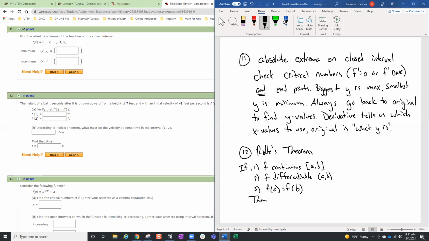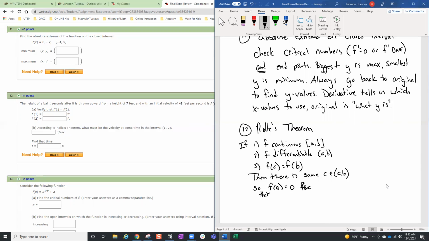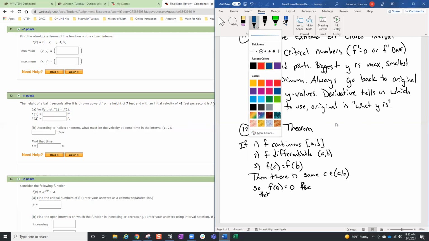So we check those three things. Then what happens is there is some C so that f of C is equal to 0, C in the interval. There we go. Then there is some C in the interval from A to B so that f of C is equal to 0. Now the mean value theorem is very similar, but slightly different.